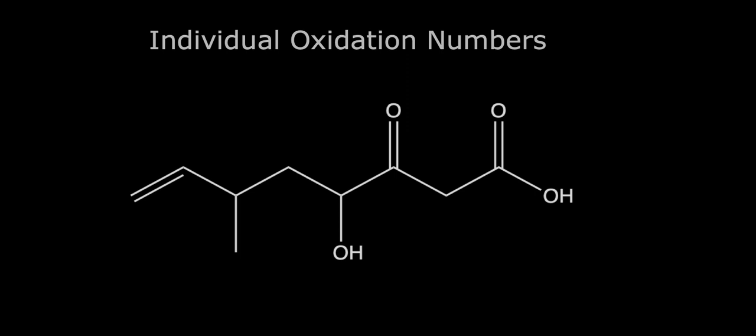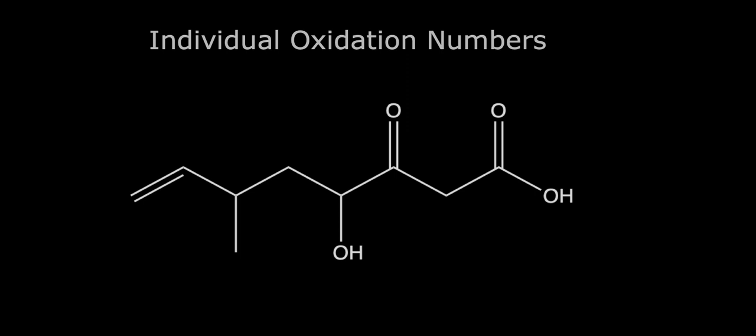And that's going to affect the partial charges that are on those atoms. And because of that, it's also going to affect how susceptible they are to various different reactions. So there might be chemicals that attack at different sites on this molecule based on the oxidation numbers of those atoms. And so it's useful to be able to calculate oxidation numbers for each of the atoms. You can do this for any of the atoms, the carbons, the hydrogens, or the oxygens. We're going to focus on carbon right now.